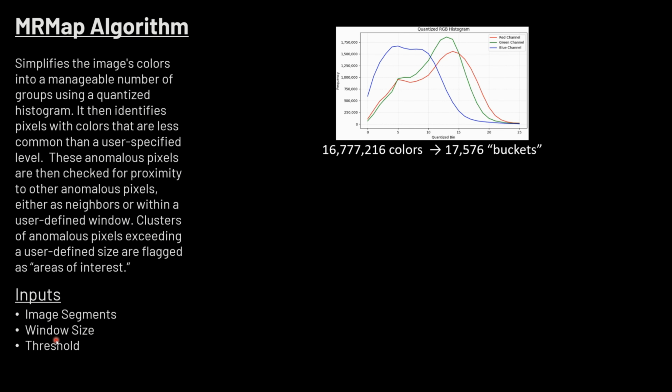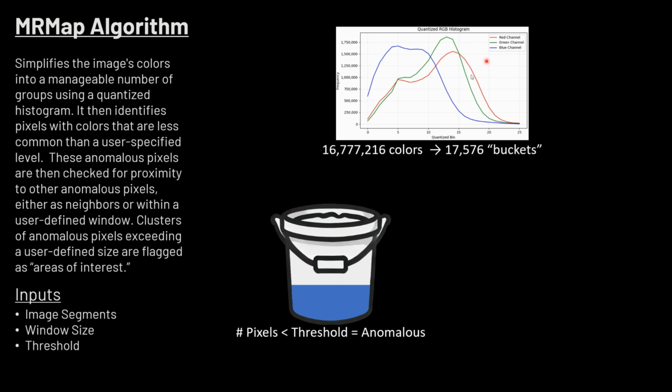So putting that together, we start by creating our quantized histogram. We go from 16,777,000 colors down to our 17,576 color buckets. We then look at each one of those buckets and say, hey, is the number of pixels that fell into this bucket less than the threshold? If it is, then we consider all of those pixels to be anomalous.